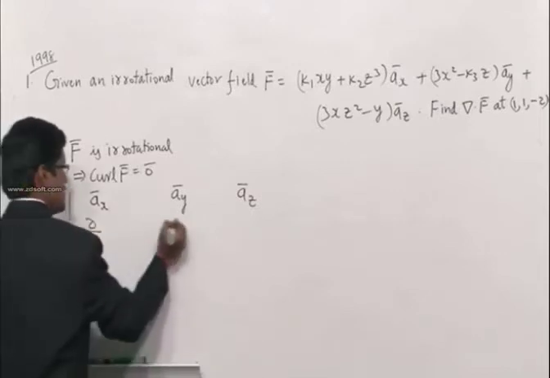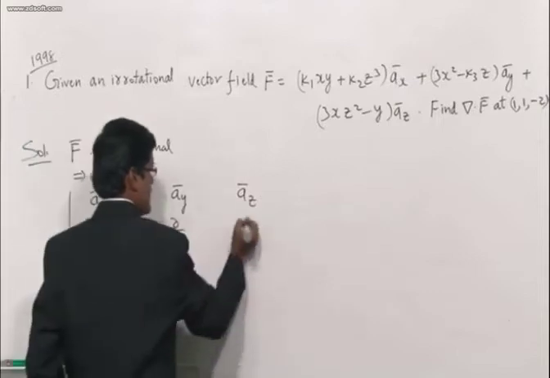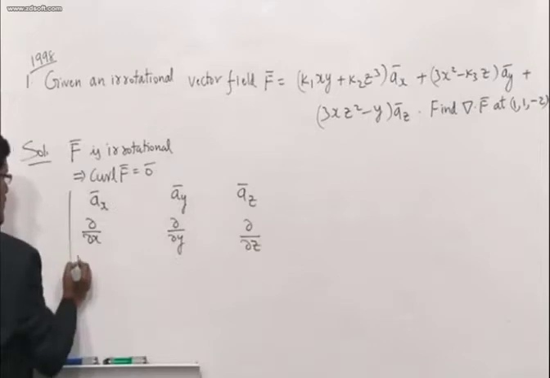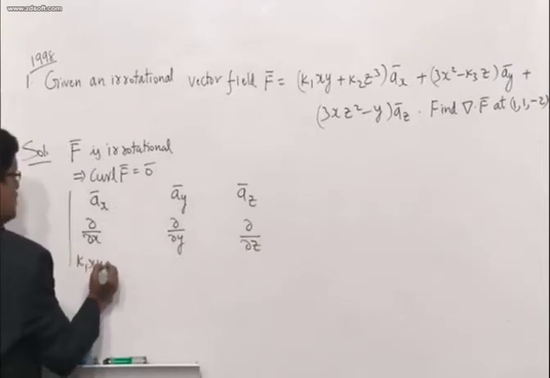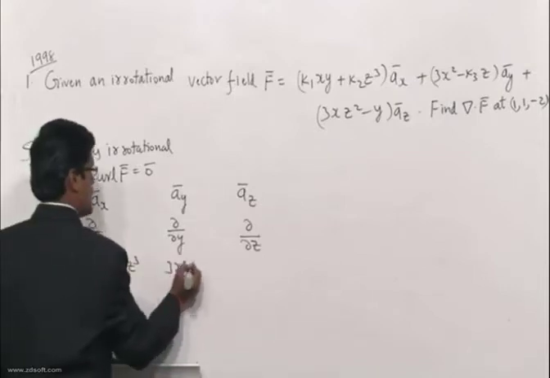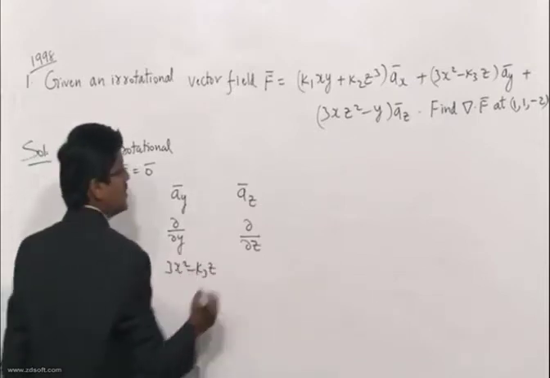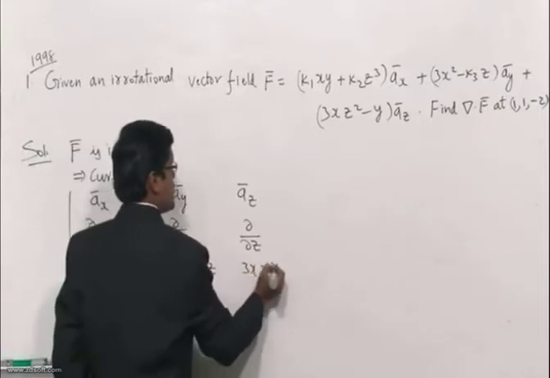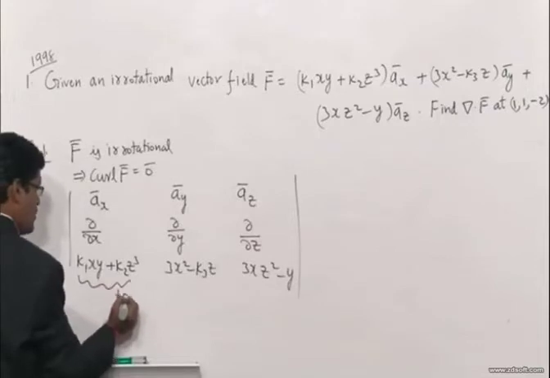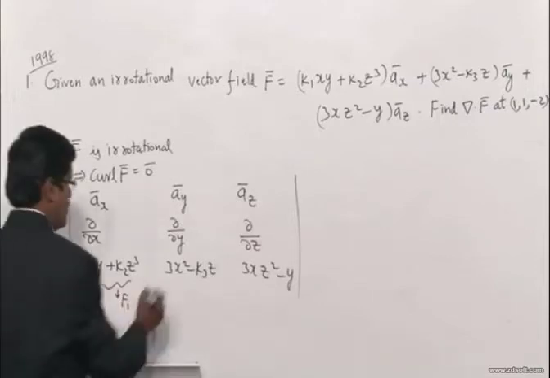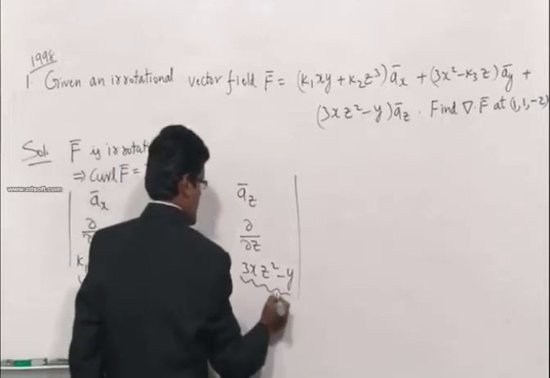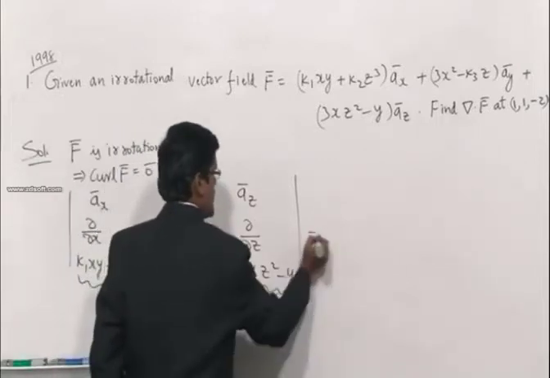Del by del x, del by del y, del by del z, then F1, F2, F3: k1 xy plus k2 z cube, 3x square minus k3 z, 3xz square minus y. According to our notation, this is F1, this is F2 and this is F3, equated to 0 bar.